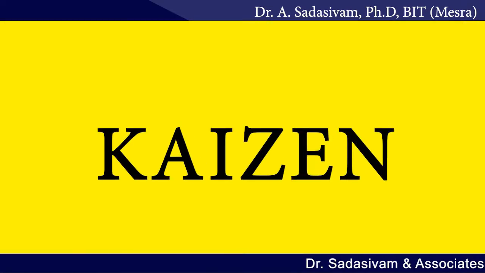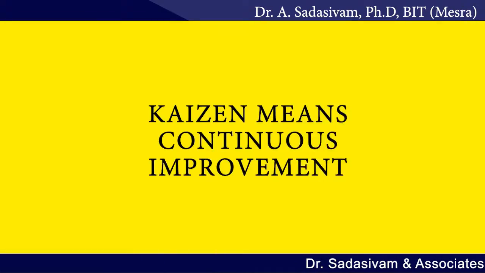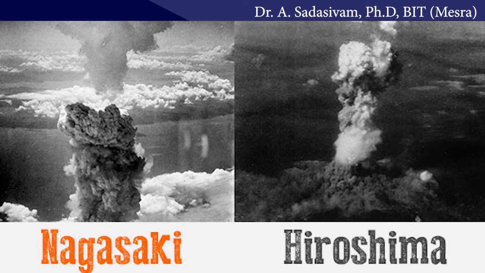In fact, the Japanese call this KAIZEN. KAIZEN means continuous improvement. All of us are aware that Japan as a country was completely decimated soon after the bombs in Hiroshima and Nagasaki way back in 1945, and we can see in the last 7 or 8 decades how much this country has come up on the economic scene. Such a small country, and it's making great strides in technology, science, automobiles, productivity.